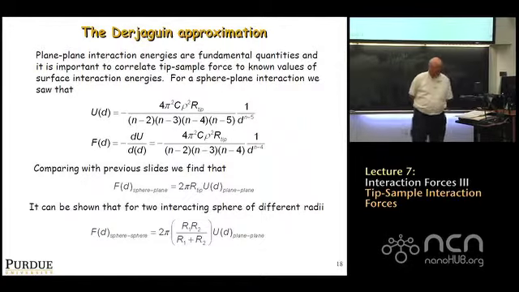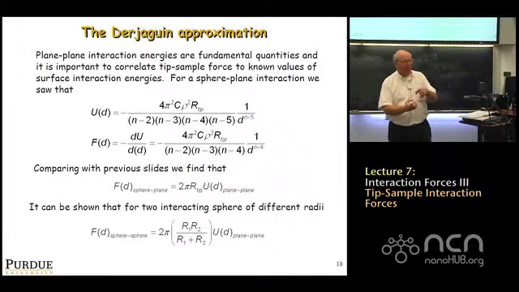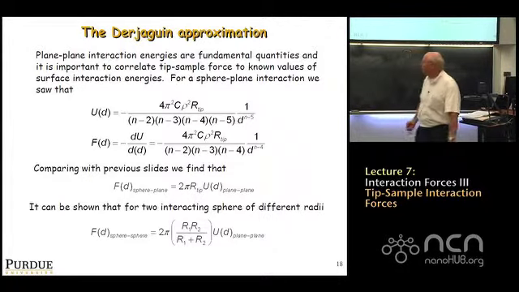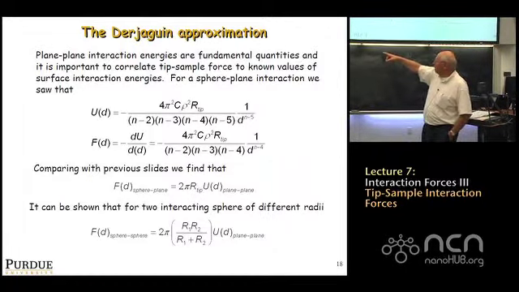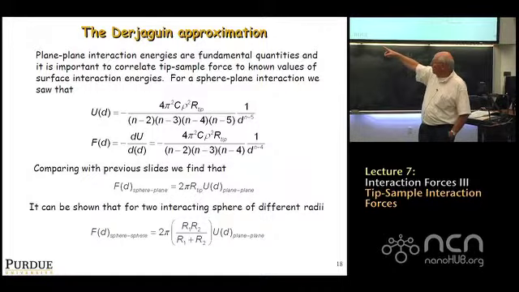And then I guess I should just say that you can show that if you have two spheres interacting, a sphere of radius R1 and a sphere of radius R2, Derjaguin's approximation is slightly modified. You now have to put in an effective radius, so you have to replace R tip by the product of the two radii divided by the sum of the radii of the two spheres.